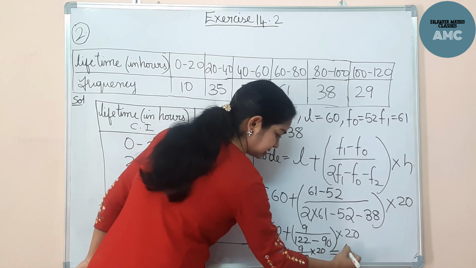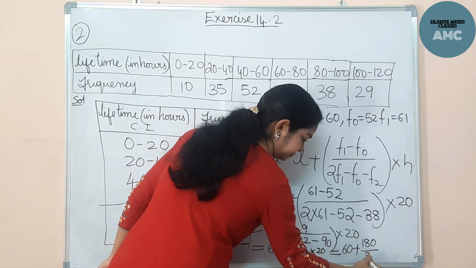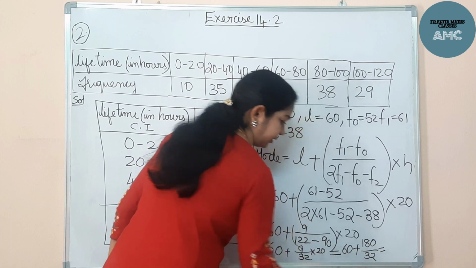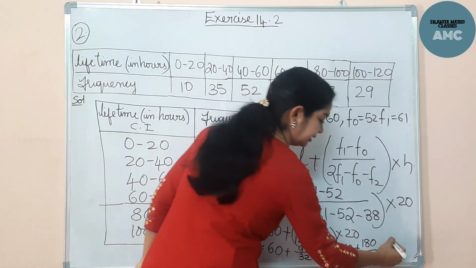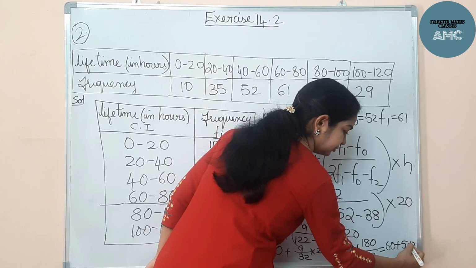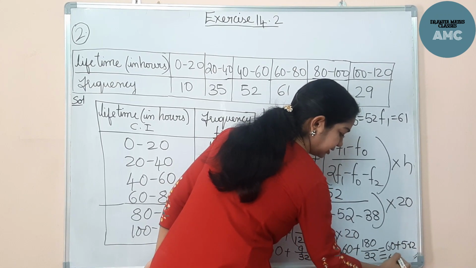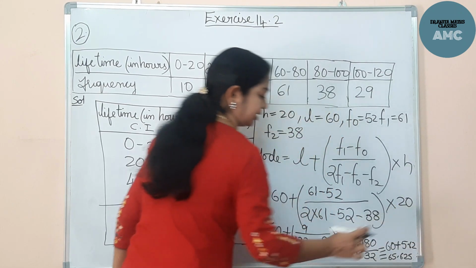So this is 60 plus 180 by 32. Now do the decimal part, divide it. So you will be getting here 60 plus 5.625. That is, total is 65.625. That is the mode.